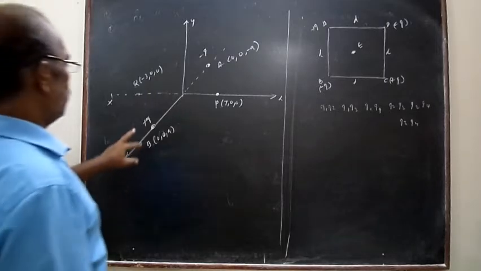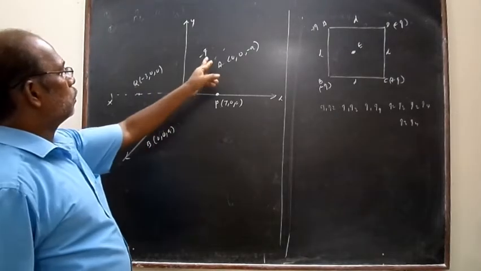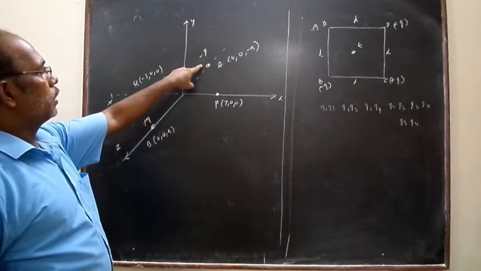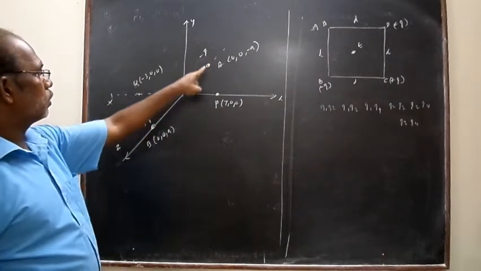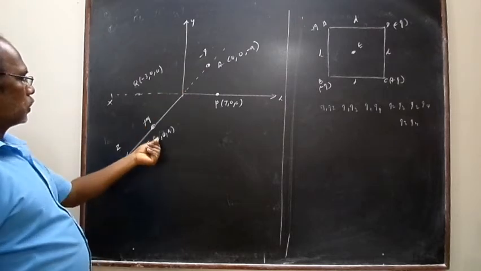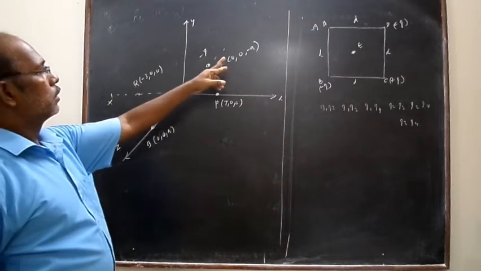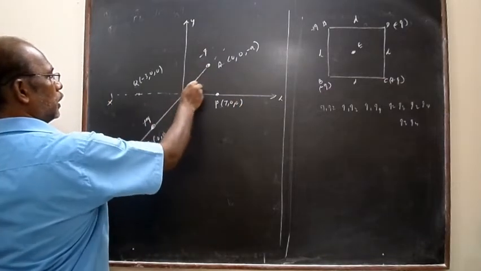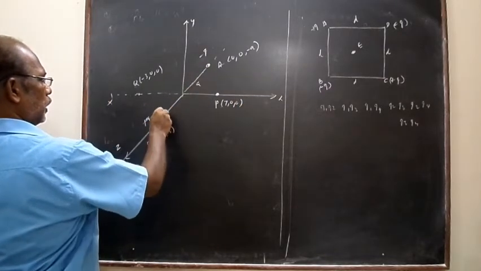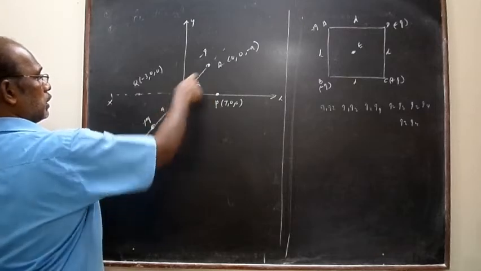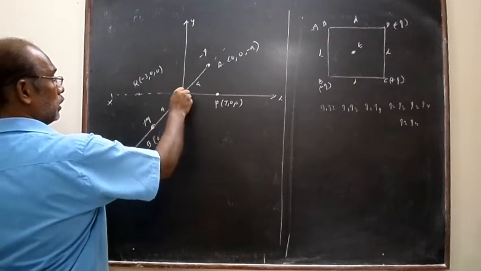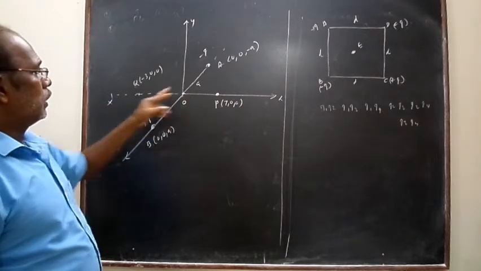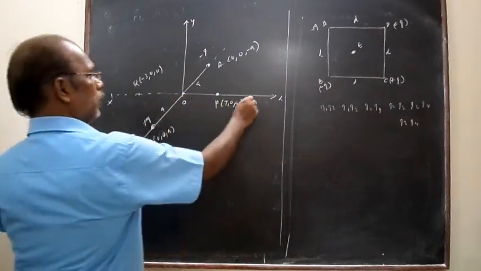In the first question, the two charges plus q and minus q are located along the z axis at 0, 0, a and 0, 0, minus a. So this distance is a units and the other is a units. So the total distance of the dipole is 2a, and this is the origin. Along the origin, the x axis is the equatorial line.